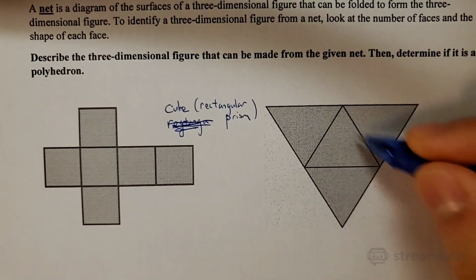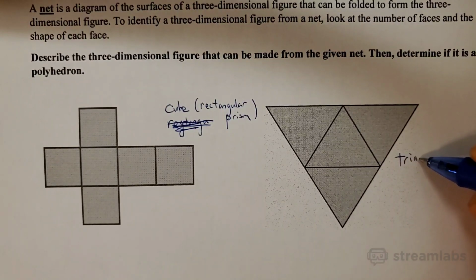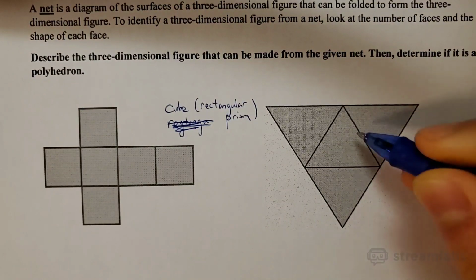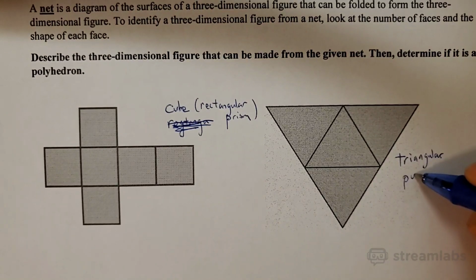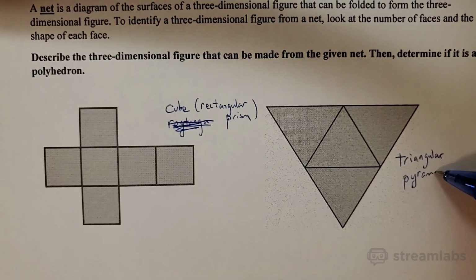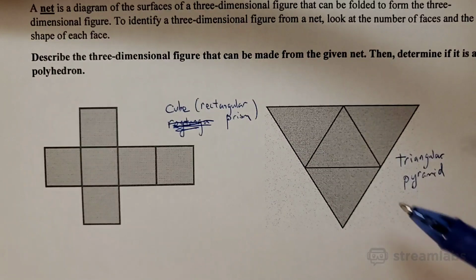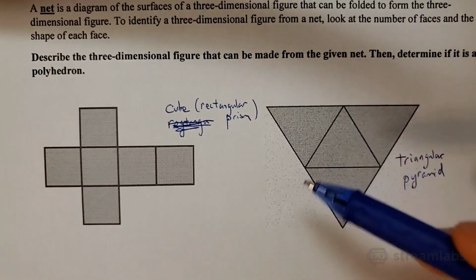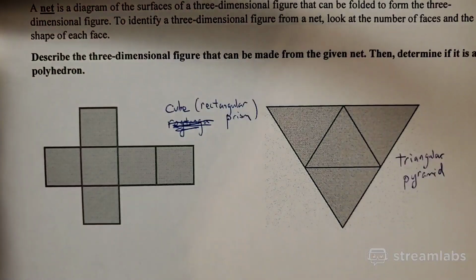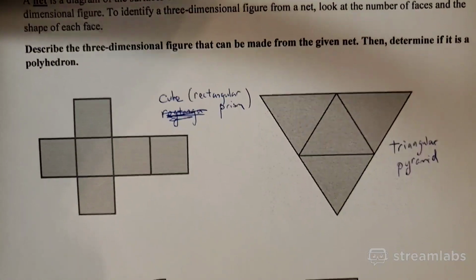The base is a triangle, so I'll put triangular. And this is going to be a pyramid. Triangular pyramid. It's not going to be a rectangular pyramid because your base is a triangle.